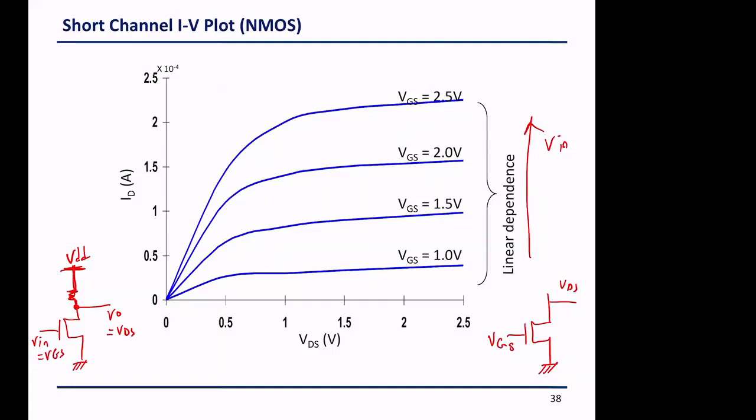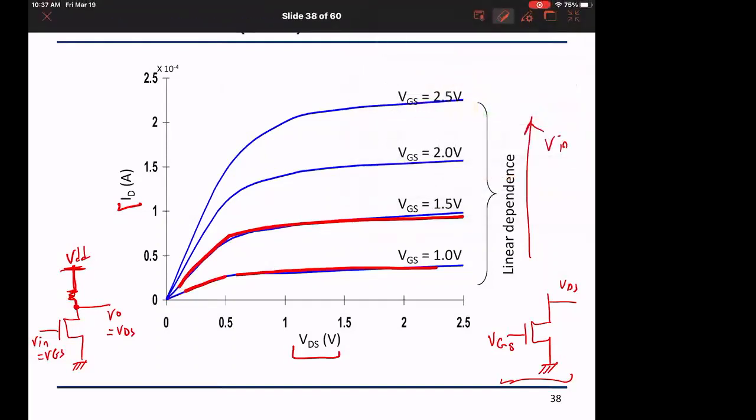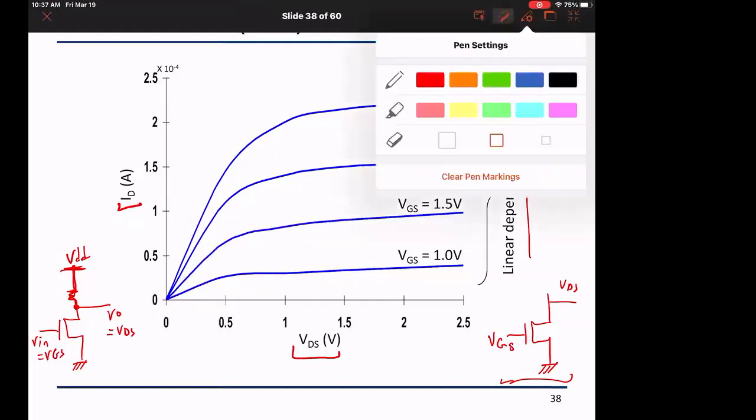So if I had this standalone, then I know that the ID VDS characteristics follow this graph. I will start in linear and then saturate, and as VGS increases, I have a higher current, and so forth. So when I implement the linear resistor, what is the equation of the current for the resistor?